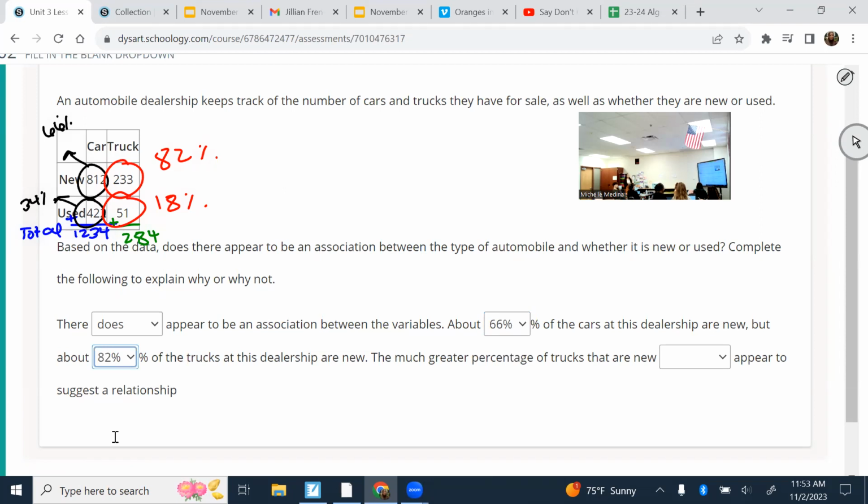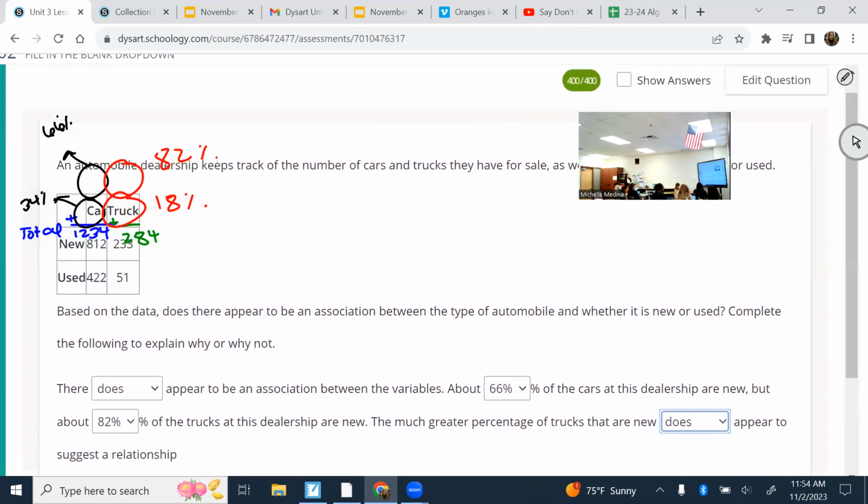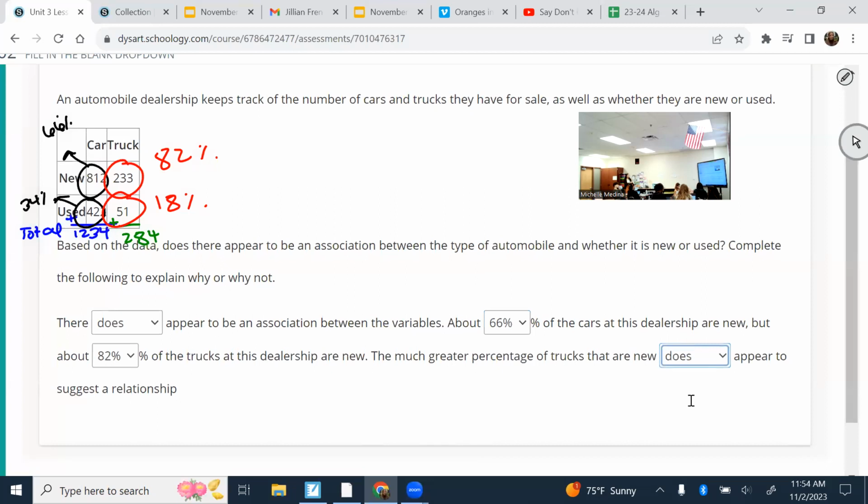The much greater percentage of trucks that are new does or does not appear to suggest a relationship. Right, so that's how you go about that one. And let me make sure the key is right. It is. Earlier the key was wrong, so I had to fix it. But that's how you figure that out. It's easier to compare them when you have the percentages versus just numbers.